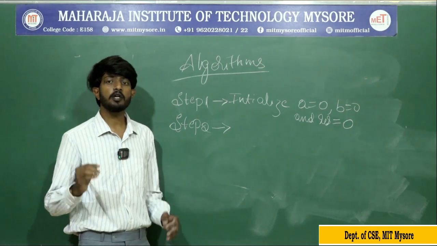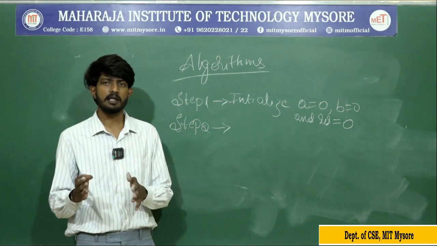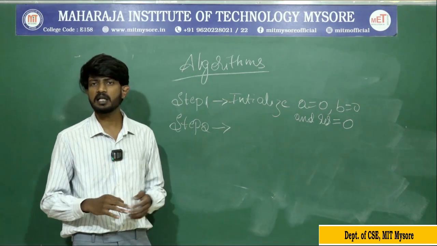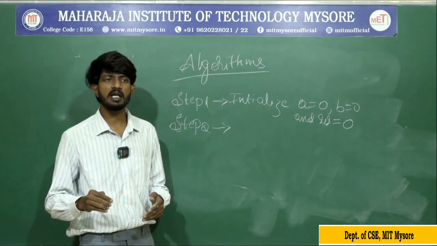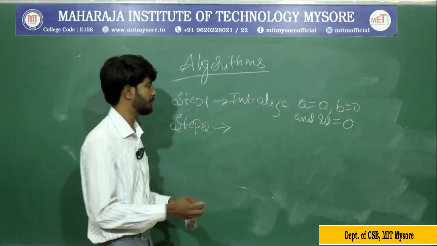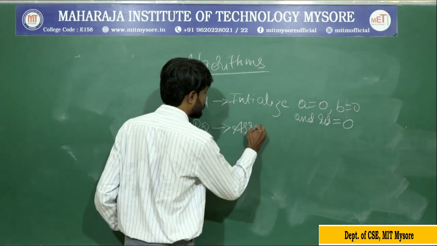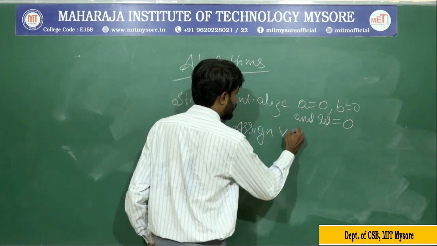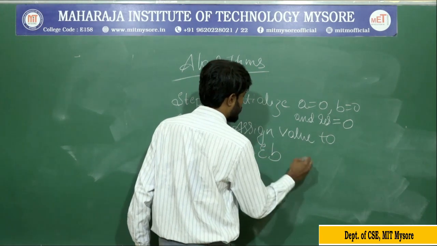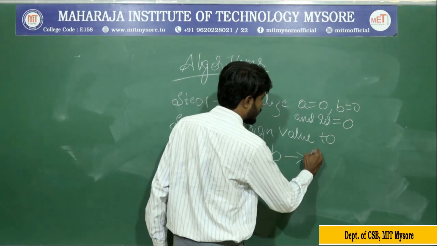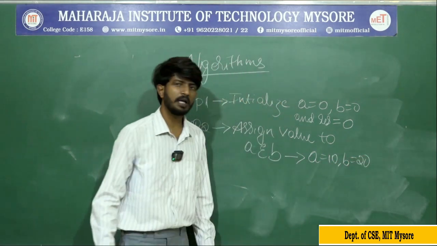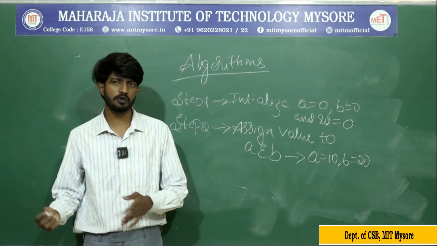In step 2, we are going to assign some values to A and B. These are the two numbers which we need to add and store in the result. So we need to assign values to A and B. I will assign A equals 10 and B equals 20.